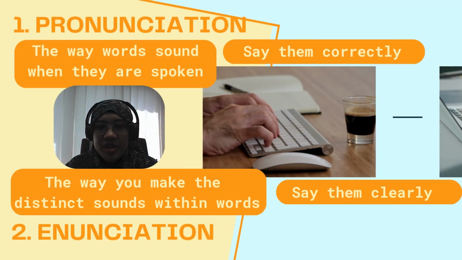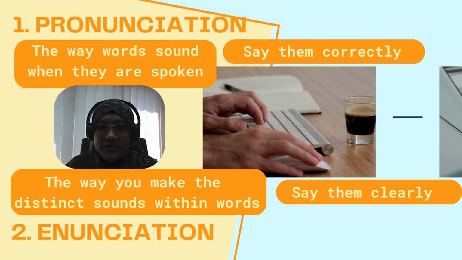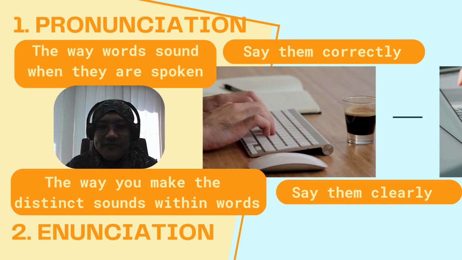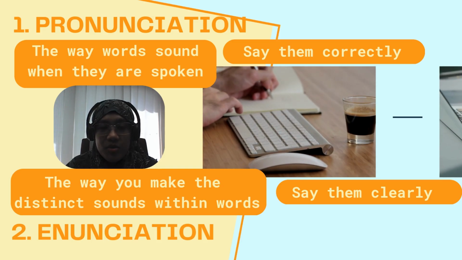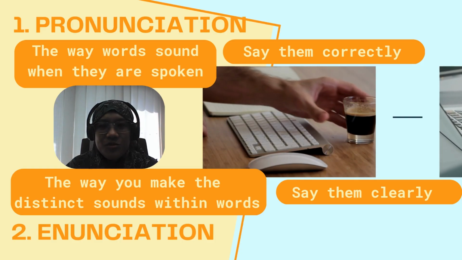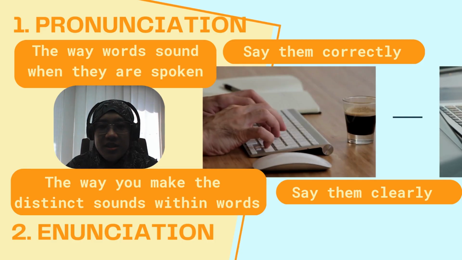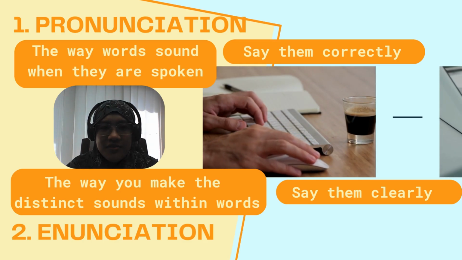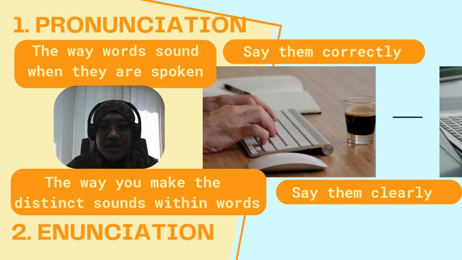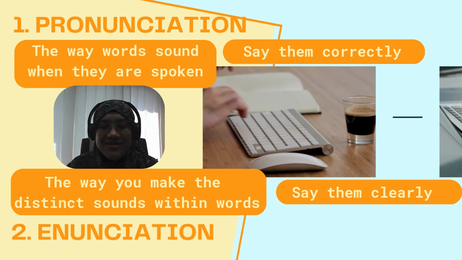The first verbal cue that we have to take note of is pronunciation. It refers to the way words sound when they are spoken. To have an effective presentation, we have to say these words correctly. For instance, the word pronunciation itself is sometimes mispronounced as pronounciation.